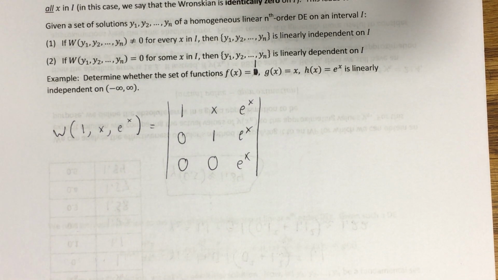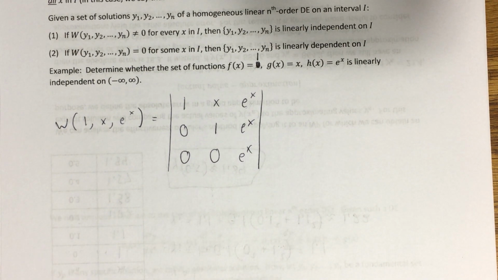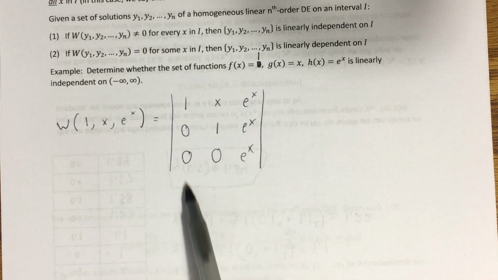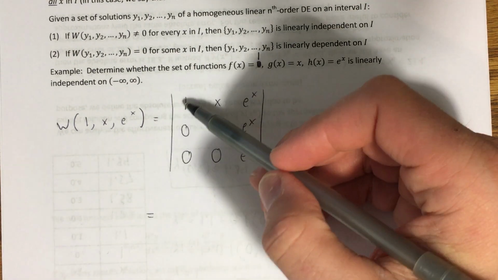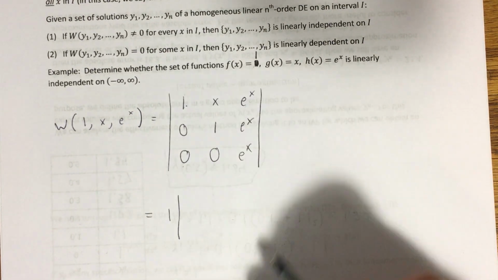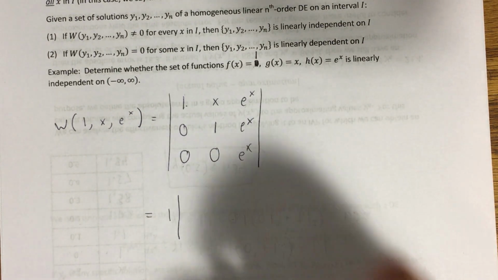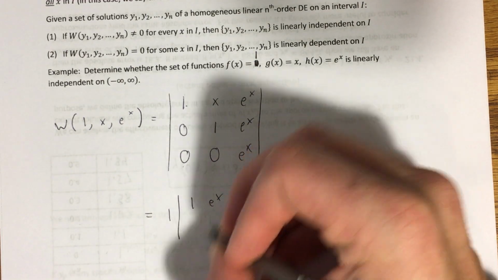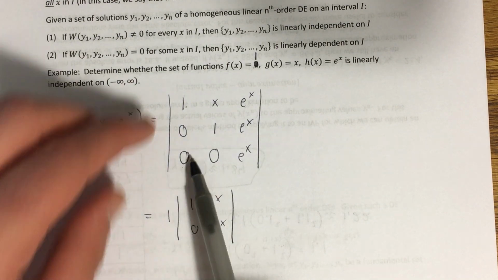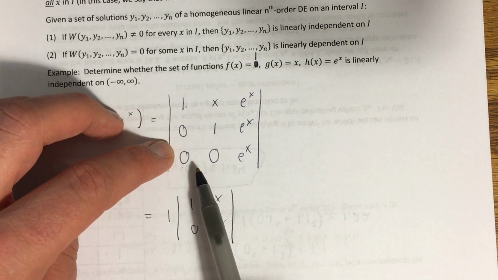Now, if you remember how you evaluate determinants using cofactor expansion, I can expand this along any row or any column. If I expand along this first column here, I'm going to get 1 times the cofactor with these entries: 1, e to the x, 0, e to the x. Cofactor expansion would have me moving on to the next entry here and the next entry here.